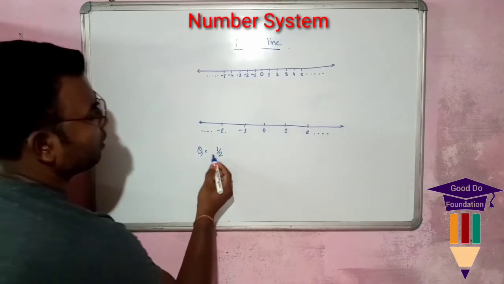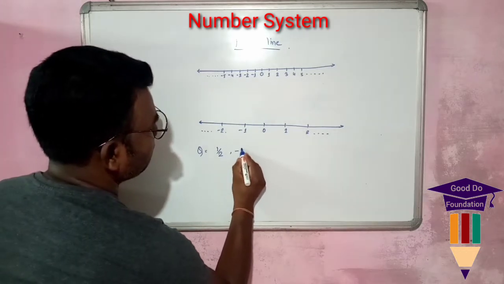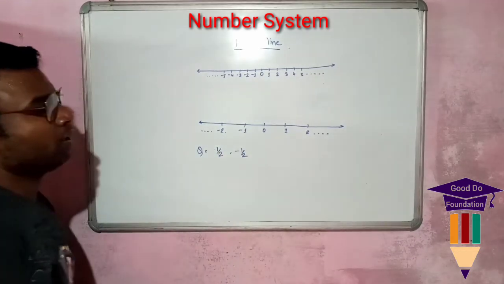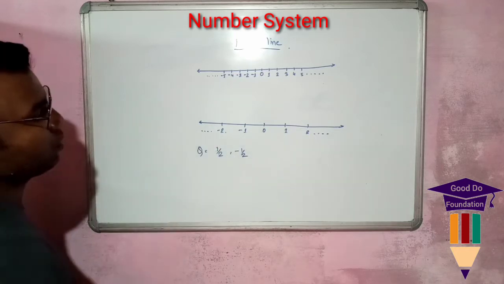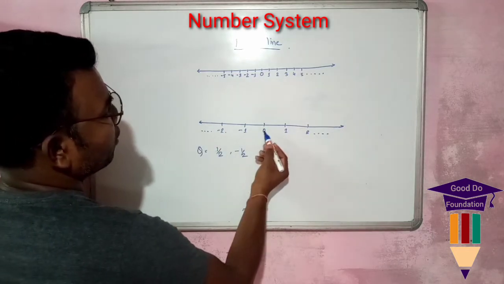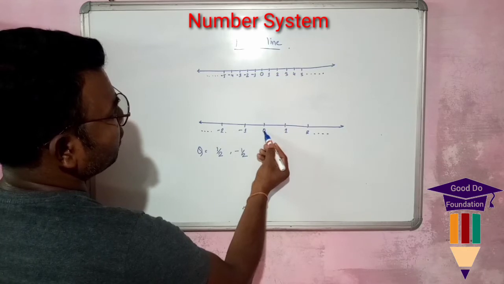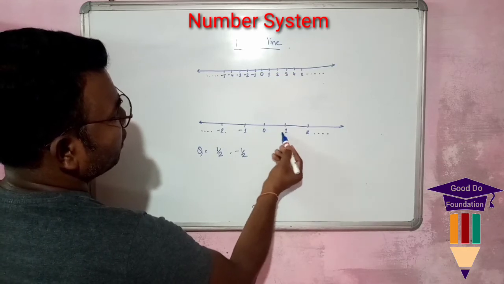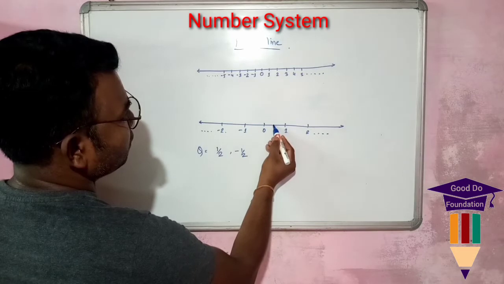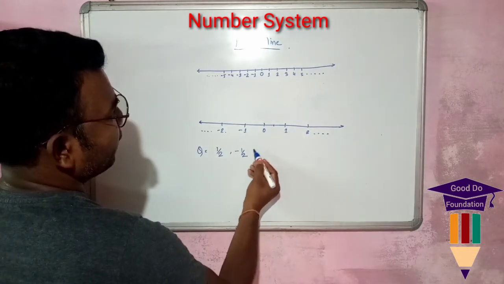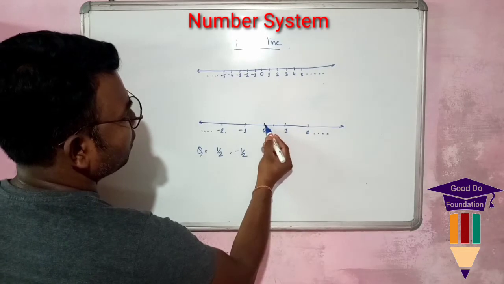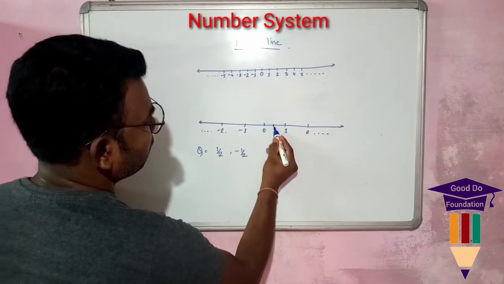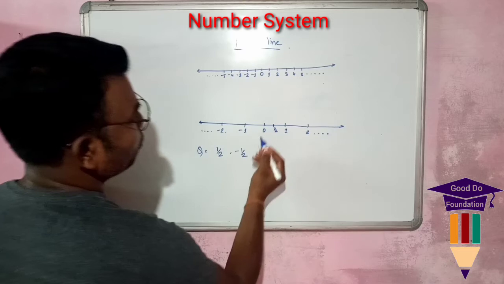So how am I going to, suppose -1 by 2, represent this rational number on a number line? What you have to do is divide this into two parts, and you have to take one part of this one. This position will be 1/2.